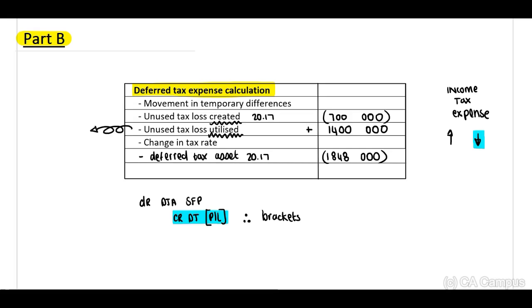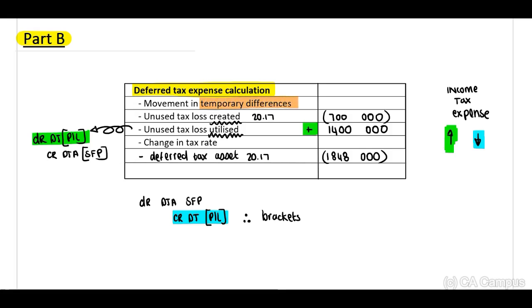If we use a deferred tax asset, we will credit our deferred tax asset in our statement of financial position, and we will debit our deferred tax in our profit and loss. Therefore, if we debit our deferred tax, our expense increase in our profit and loss, and therefore we include a positive sign. Then the movement in our temporary difference.